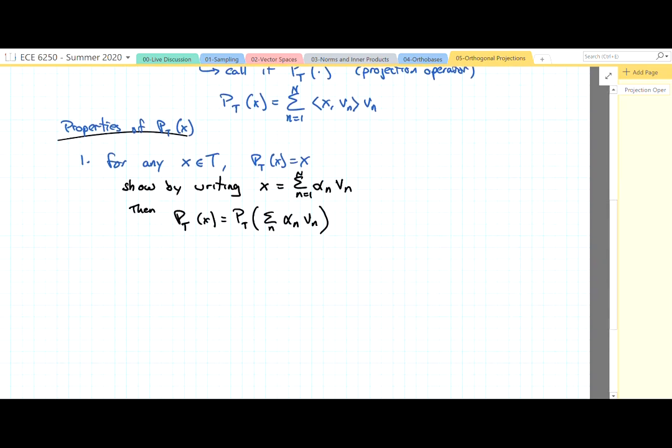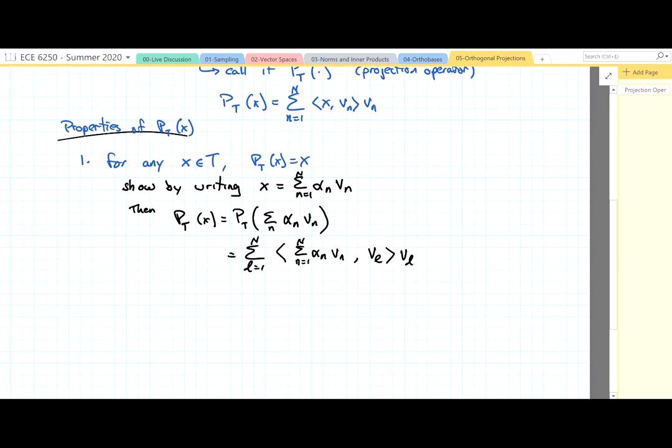And we already know that if we have a basis for t, we can write the vector as a linear sum of the basis vectors. Okay, so the PT operator now comes into play. So we'll have a different index here. Where we used to have an x, we're going to have our sum n equals 1 to capital N, alpha n, Vn, and we project that onto VL, and we multiply it by VL.